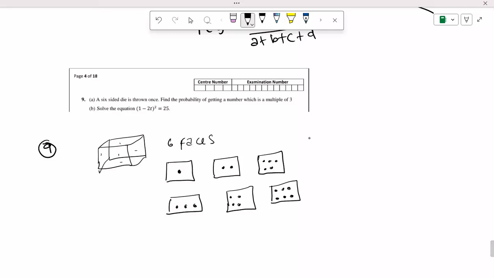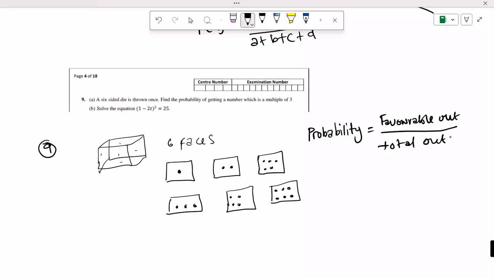The most common formula for probability, let me just write it, the same thing I had written on top. Probability is equal to favorable outcome over total outcome. These mean the same thing.